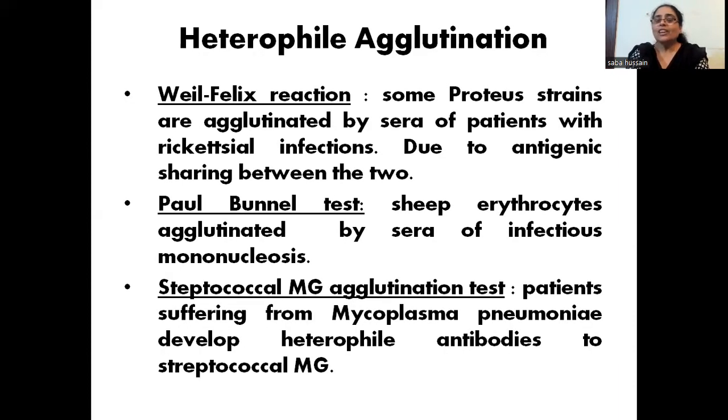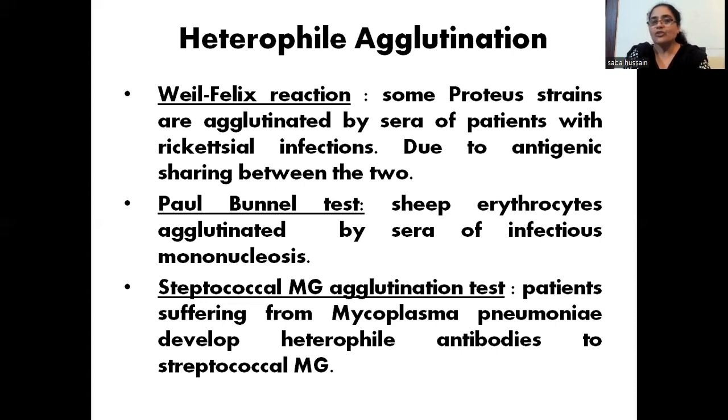The heterophile agglutination test is studied in the Weil-Felix reaction. That means some Proteus strains are agglutinated by sera of patients with rickettsial infections. Because the antigenic sites are the same, we consider that this may be an infection of Proteus, but the same thing will be agglutinated by a person suffering from rickettsial infection, which is called the Weil-Felix reaction.